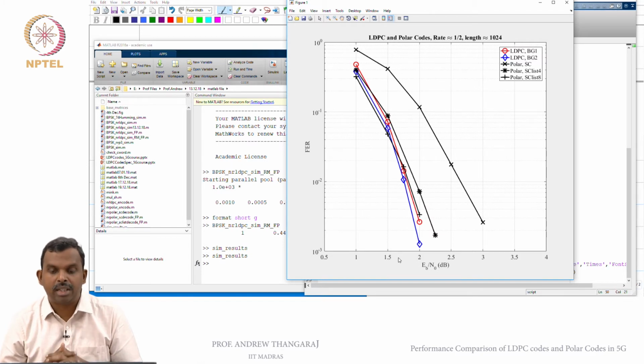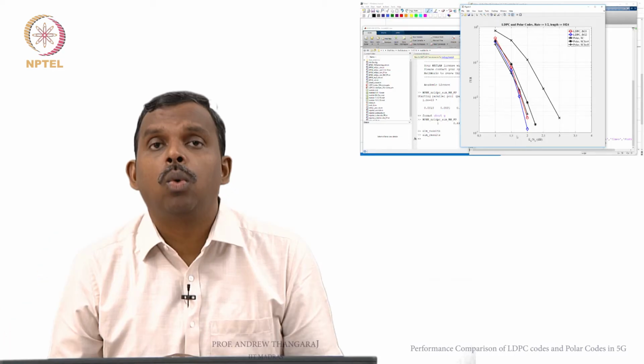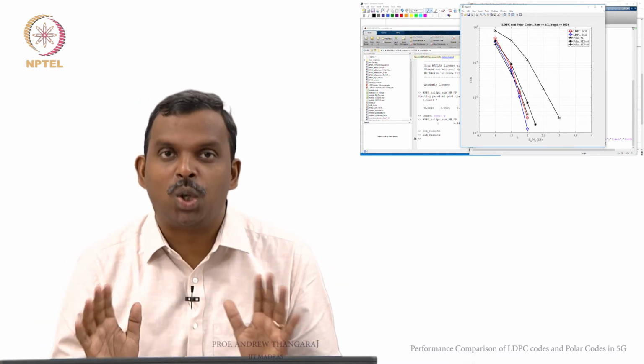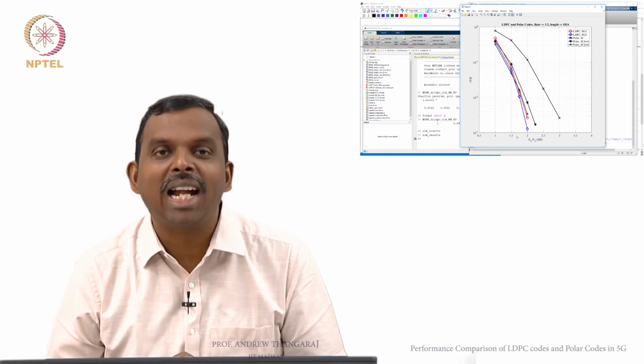We did the simulations, and finally we have compared and we know how these things work. Along the way you learnt about fixed point decoding, how to implement it, how to show the simulations of that, how to do rate matching a little bit, and quite a few ideas that are there in the 5G standard. Now there are many things in the 5G standard that we did not do. I want to be very clear on that.